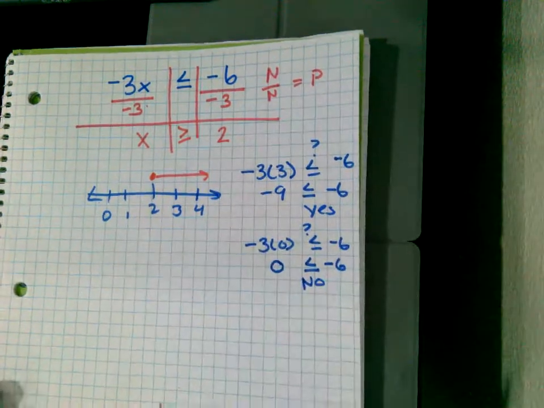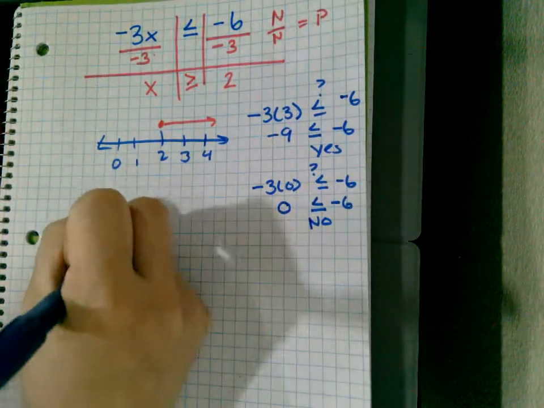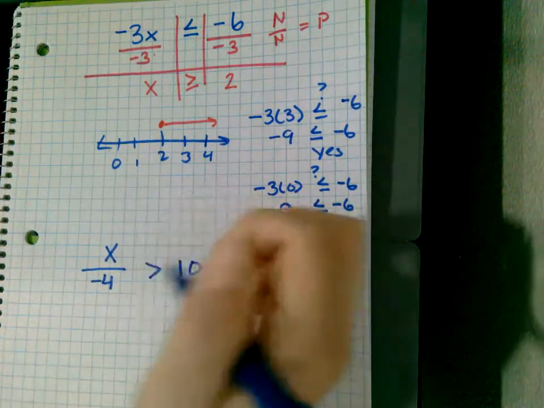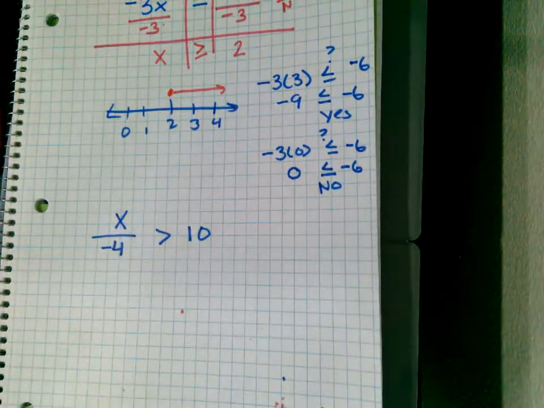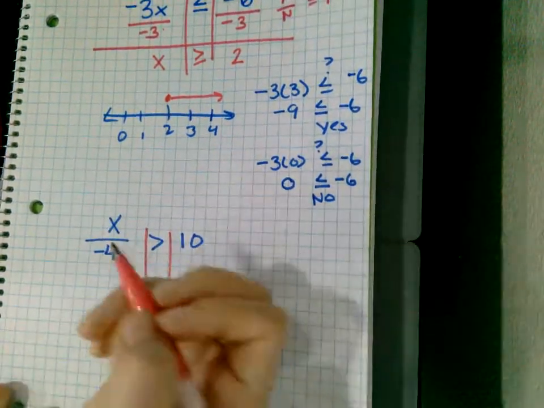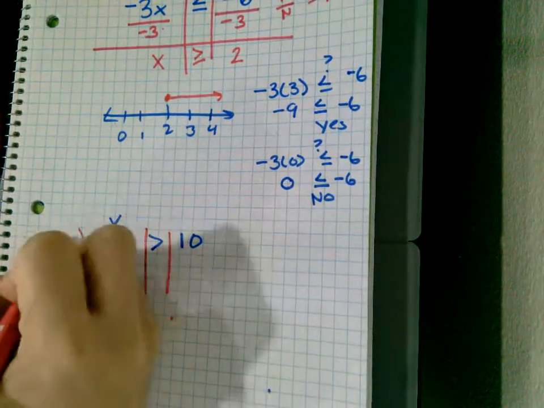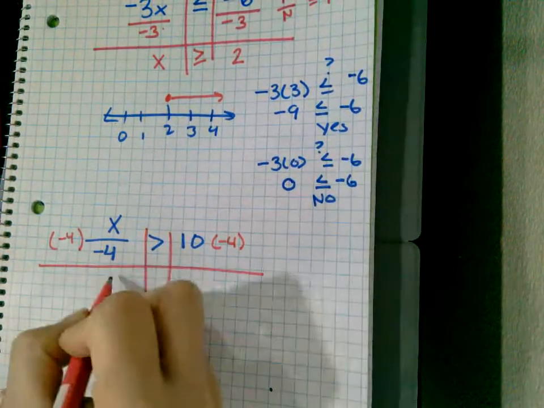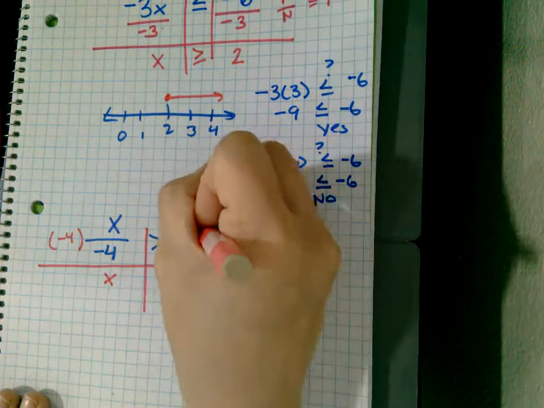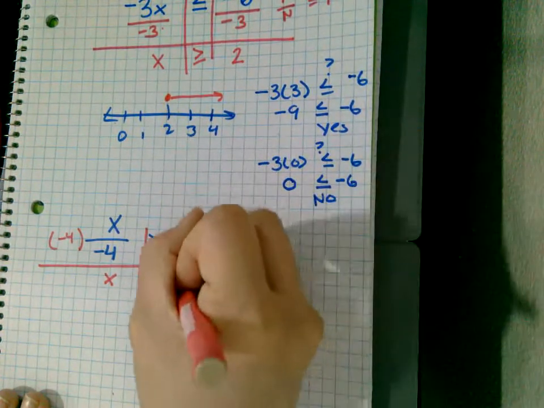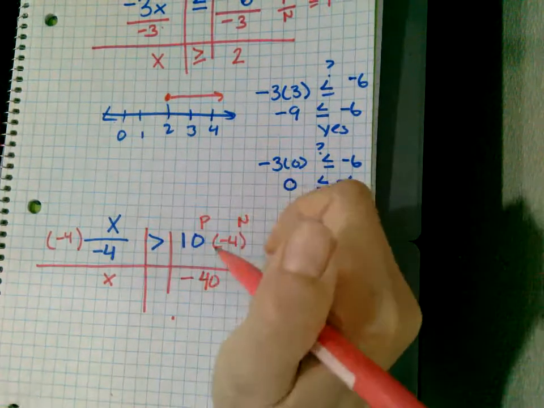So let's do another one. X over -4 is greater than, let's say, 10. Yeah, it's a one step, just because I want you to practice this part. I'm going to multiply by a -4, multiply by a -4. X, what's a positive times a negative? A positive times a negative is -40, right? No, hold on.